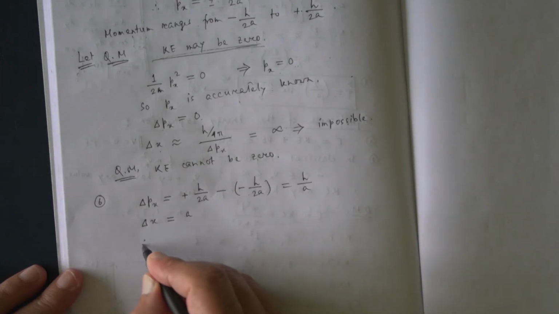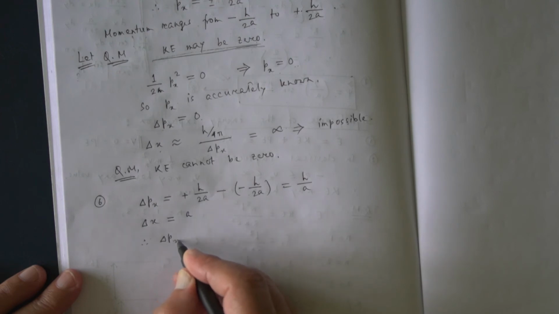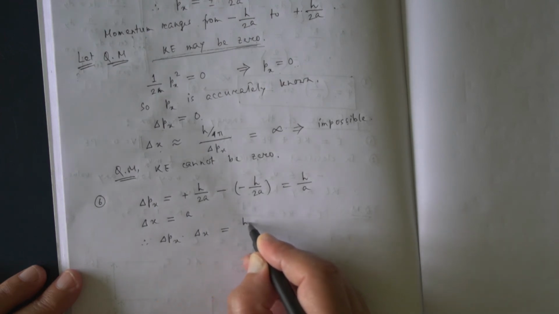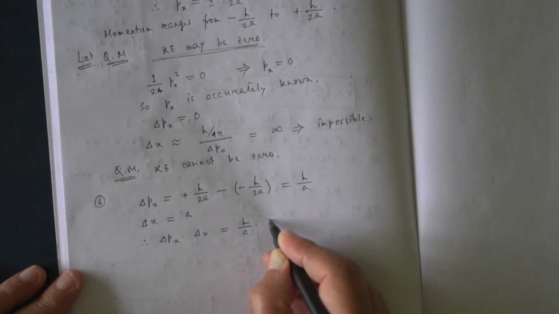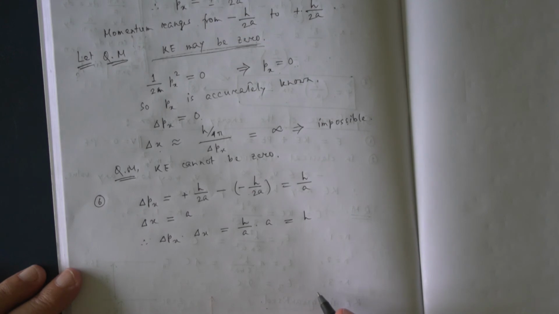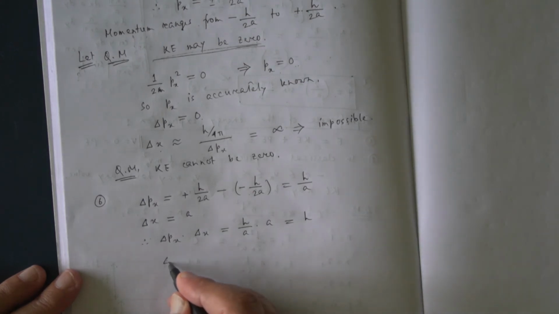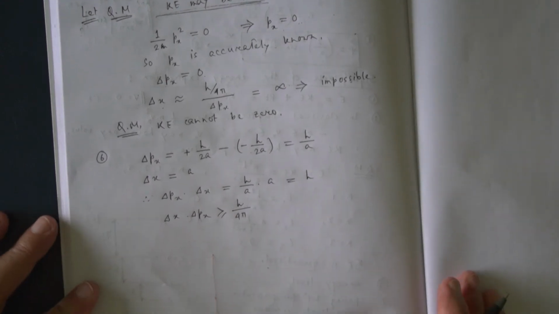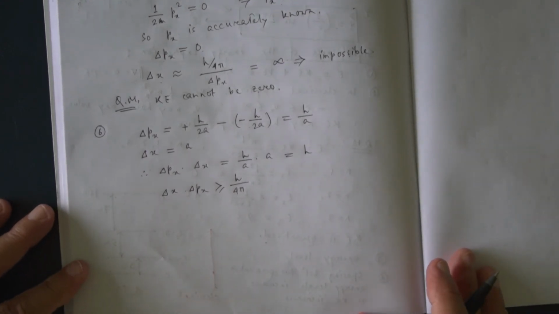Hence del px del x equal to h by a into a, that is equal to h. Hence del x del px will be greater than or equal to h by 4 pi. So we can roughly arrive at Heisenberg's uncertainty relation.